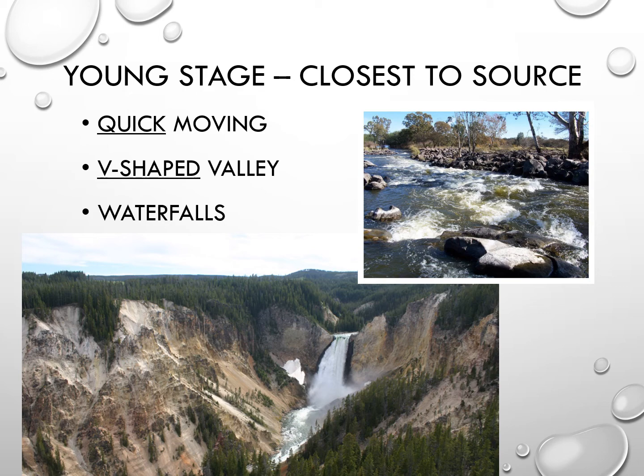So the actual river valley itself, where the water is cutting through the land, is going to be in the shape of a V. You're going to find a lot of waterfalls. Again, this is going to be in the mountains, so there's going to be a lot of changes in elevation and drop-offs. So you can end up with a lot of waterfalls and rapids.